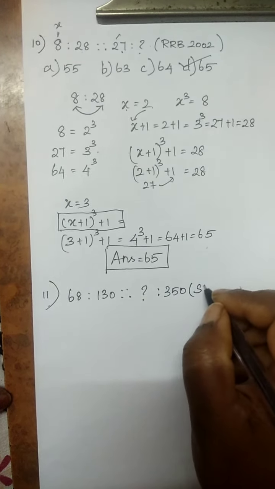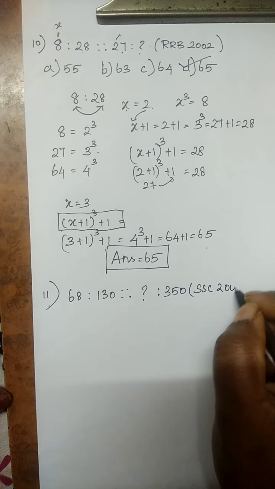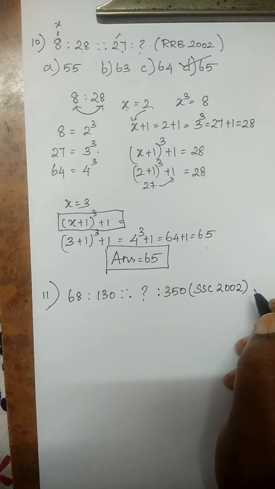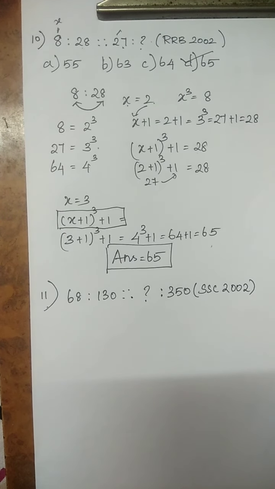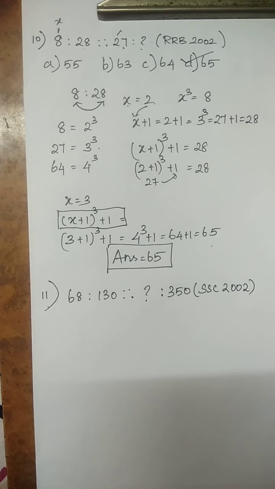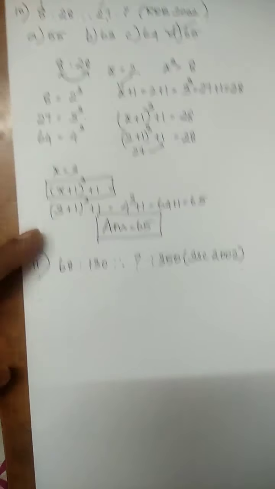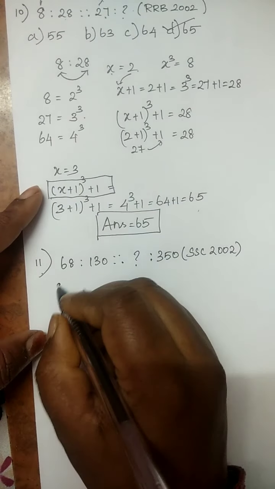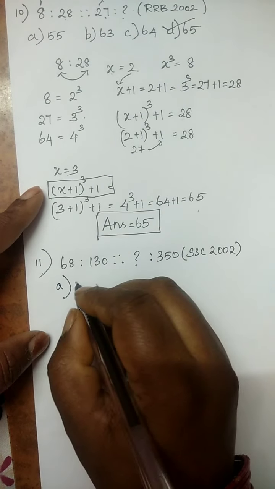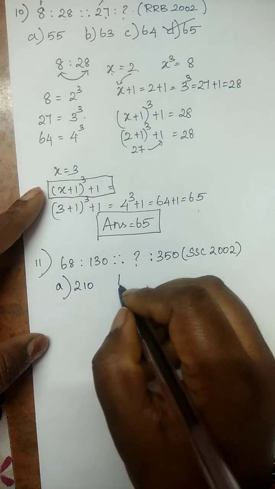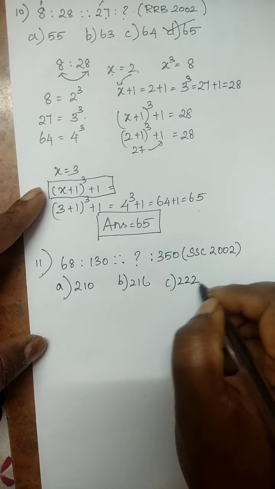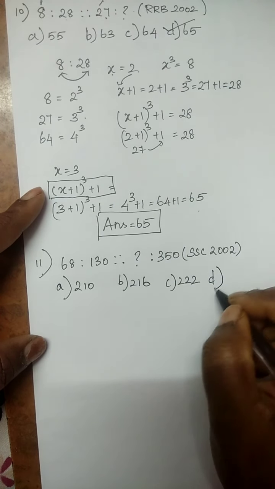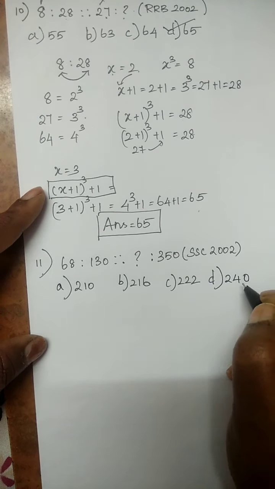And this question was asked in SSC exam 2002. So we have to find the relationship. Before that, the options are A 210, B 216, C 222, and then D 240.